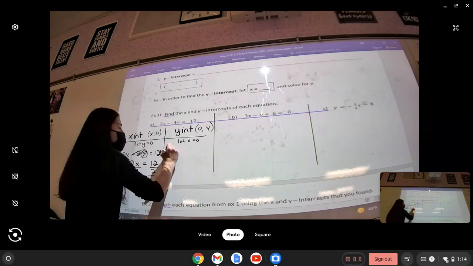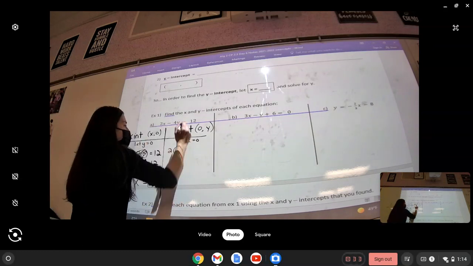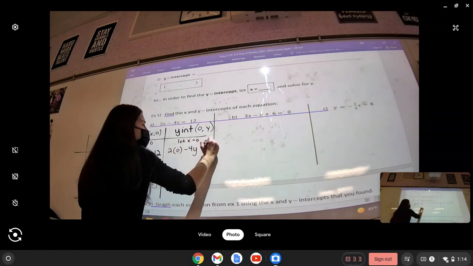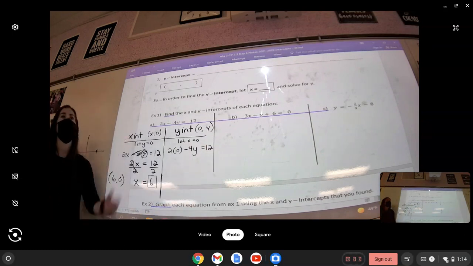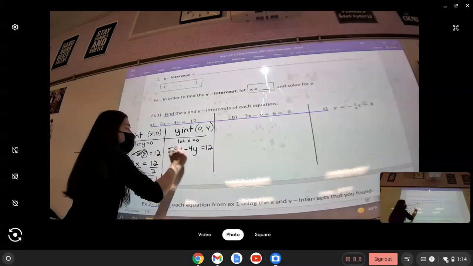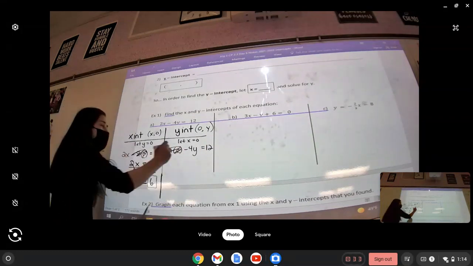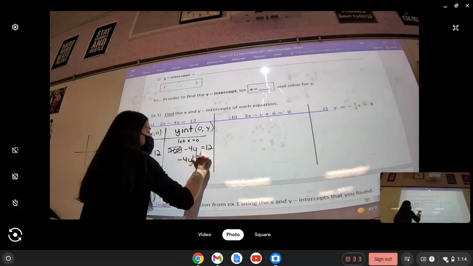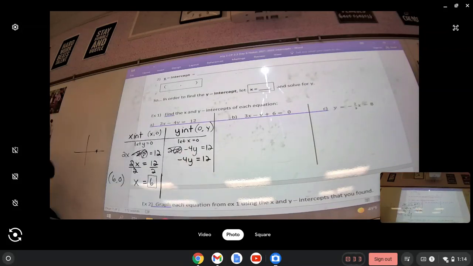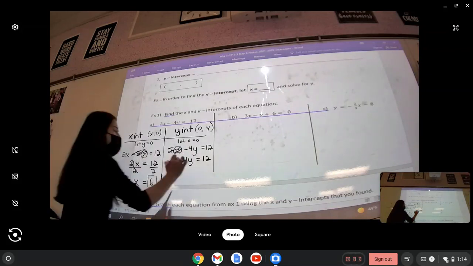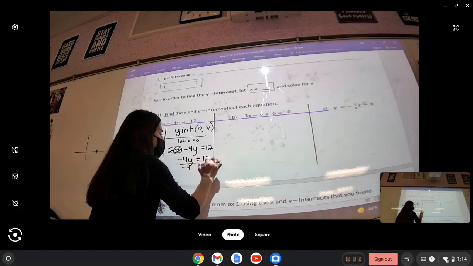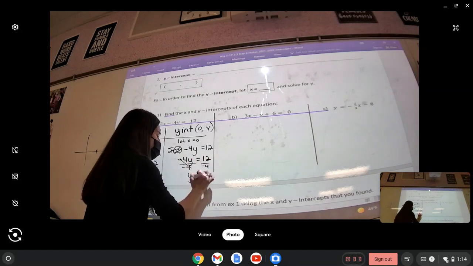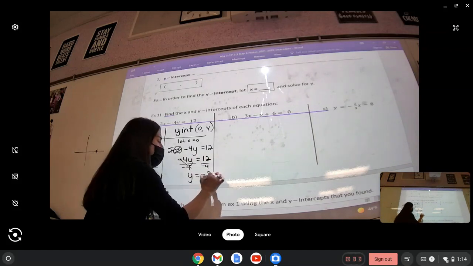All right, so we're going to do 2 times 0, and then minus 4y equals 12. Guys, what's 2 times 0? It's gone. It's out of the problem. What's left? Negative 4y equals 12. And now what's the only thing you have to do to get y by itself? Divide by negative 4.